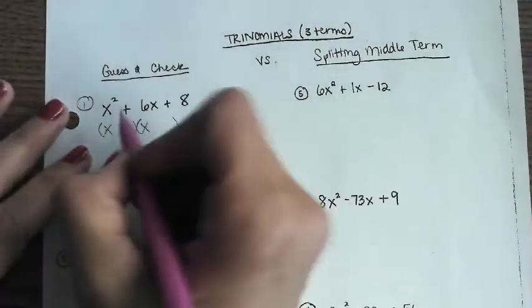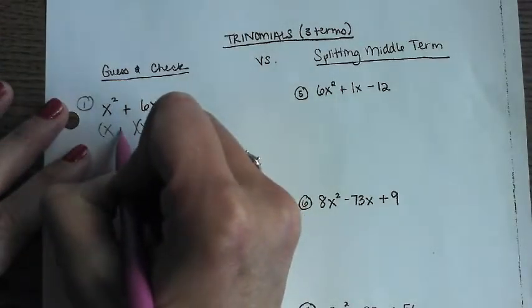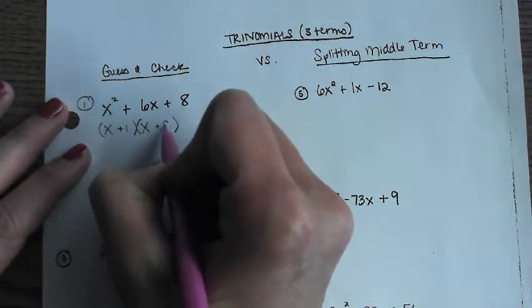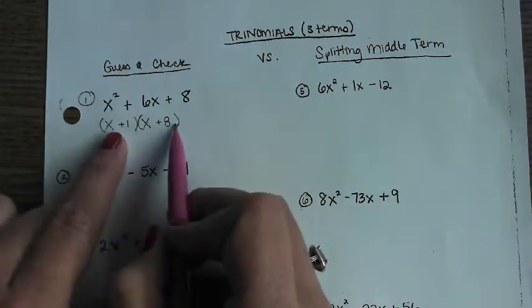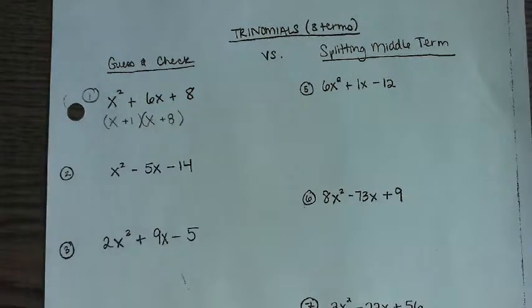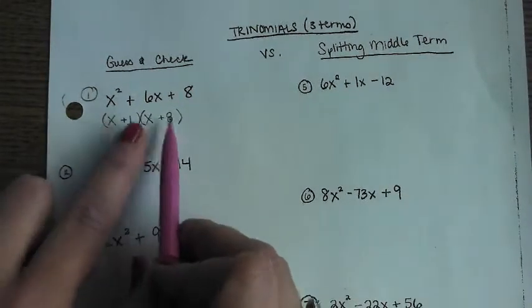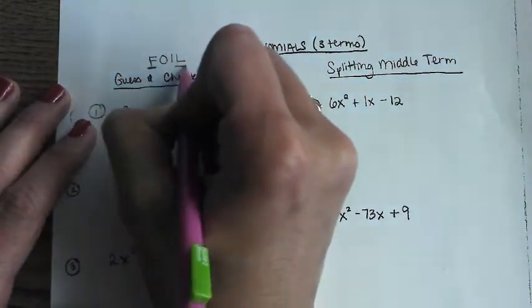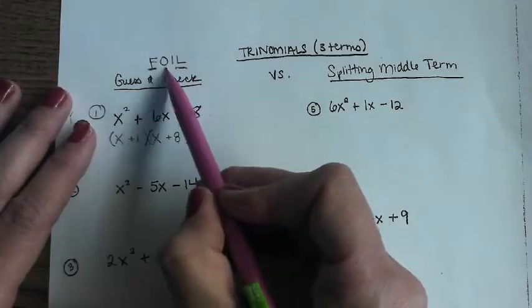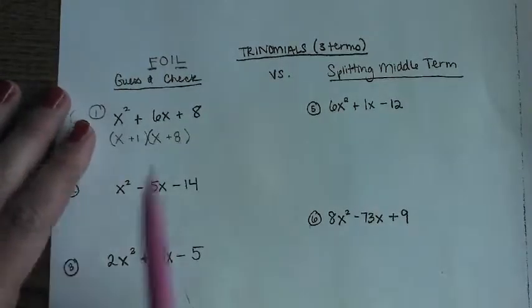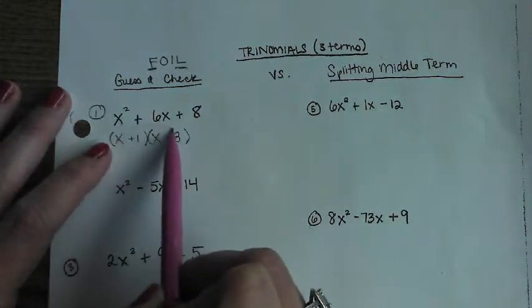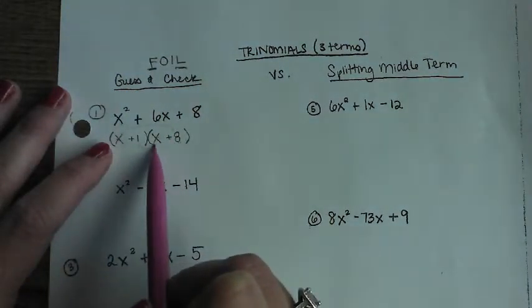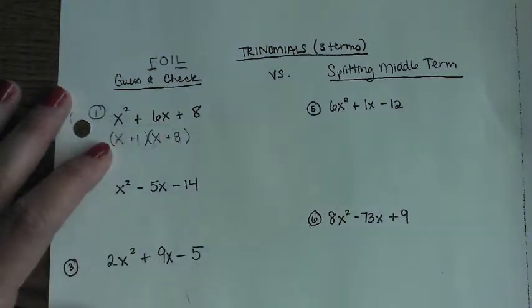Because let's say for a second I do, and don't do this until you watch me guess and check. Let's say I guess positive 1, positive 8, which is going to be plus 1, plus 8. So my first works and my last works. But it's FOIL. The checking comes with your outer and inner, because when you do your outer and inner products, they have to combine to give you the middle.